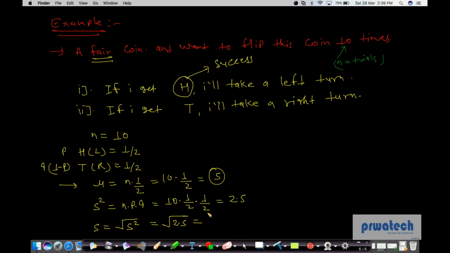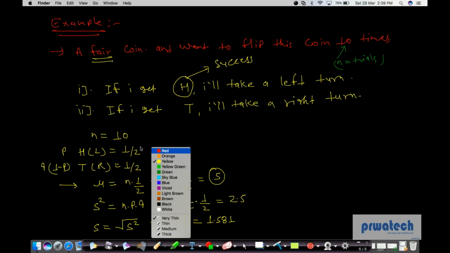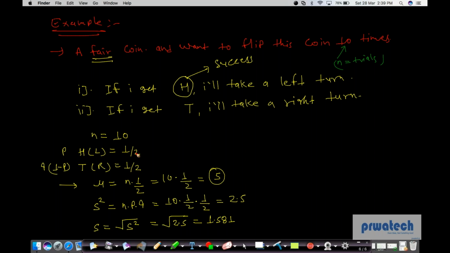I'll keep it to the third decimal place. Now I was looking to collect these many things so that I can put them in my normal distribution formula and get to know the answer. What is the mean, what is the sample variance, and what is the standard deviation?